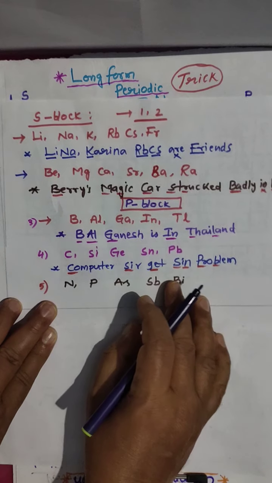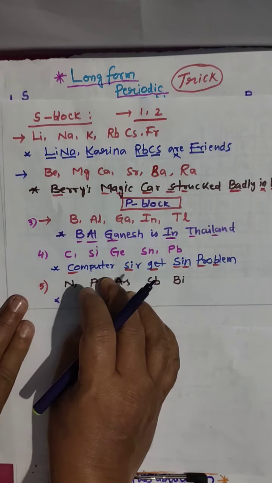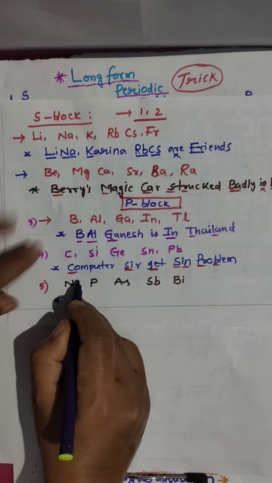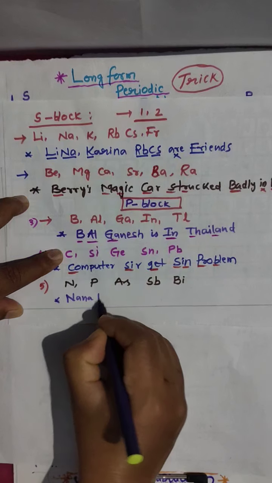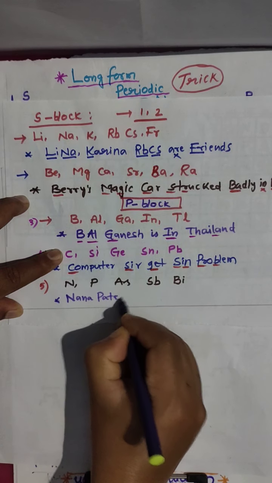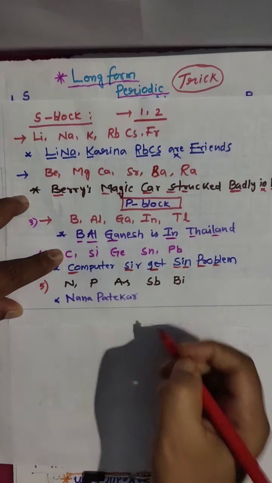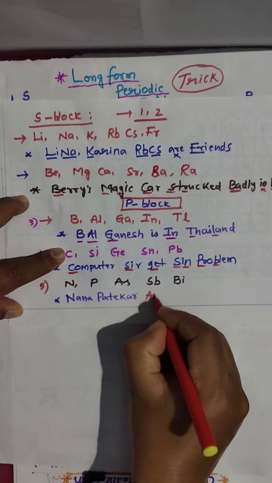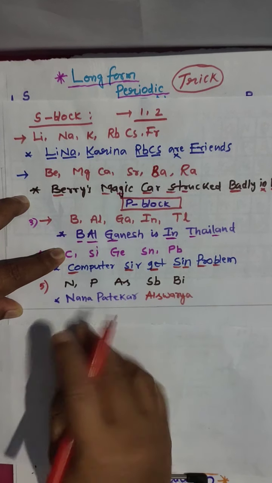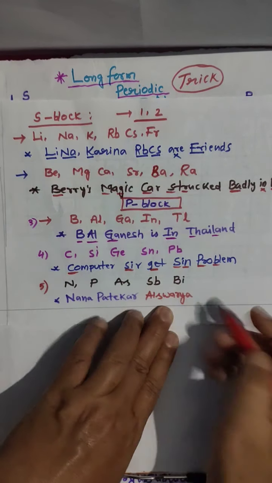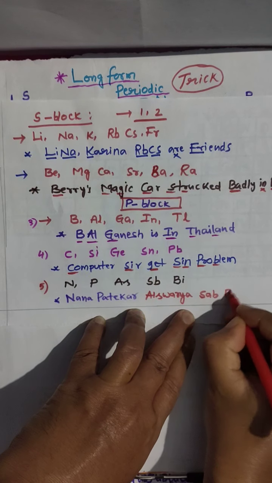I made this with Hindi words to remember easily, whatever the language, we have to learn. N, Nana. P, Patekar. Nana Patekar. As, Aishwarya. Sb, Bindas.